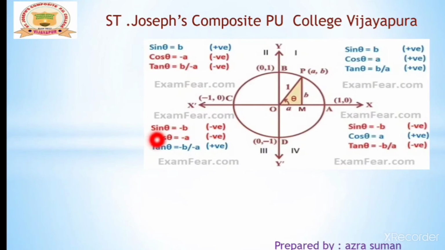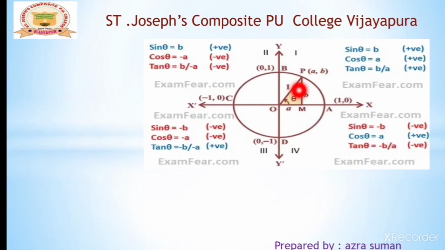It means sin theta is negative and cos theta is also negative, but tan theta is sin theta by cos theta, negative by negative, which gives positive. So in the third quadrant, tan and cot are positive and the remaining four, that is sin theta, cosec theta, cos theta and sec theta, are negative.